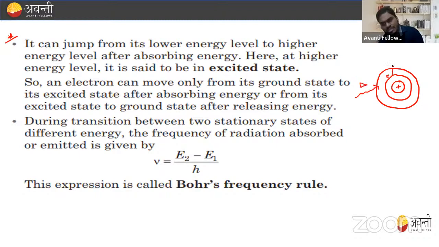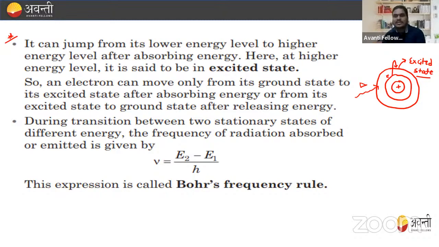This electron jumps from this orbit to this orbit, from the second orbit to the third orbit. So it can jump from its lower energy level to the higher energy level after absorbing energy. The higher energy level is said to be the excited state. So this one is known as the excited state, right?